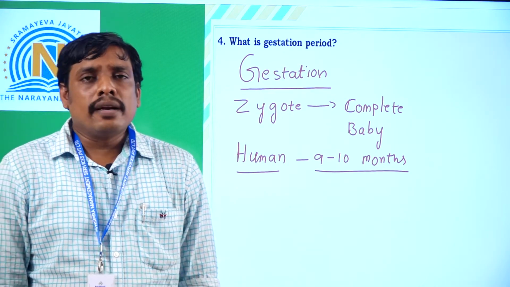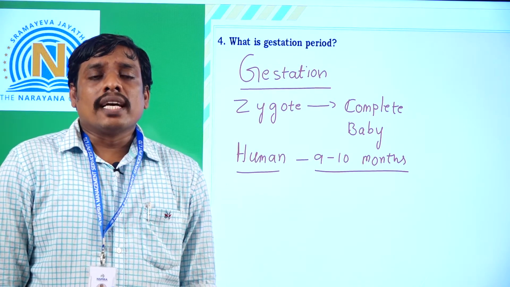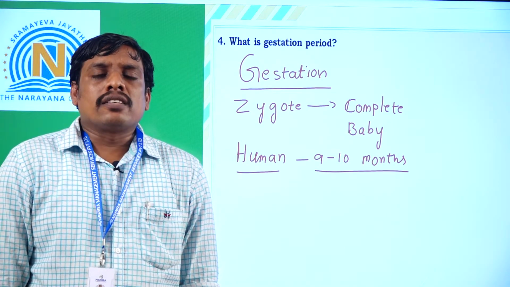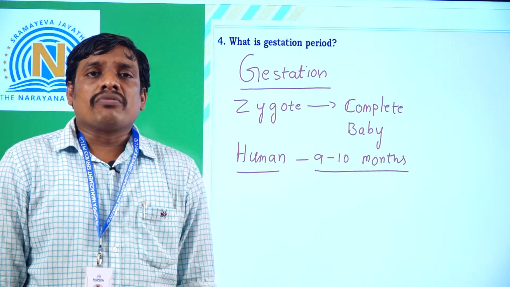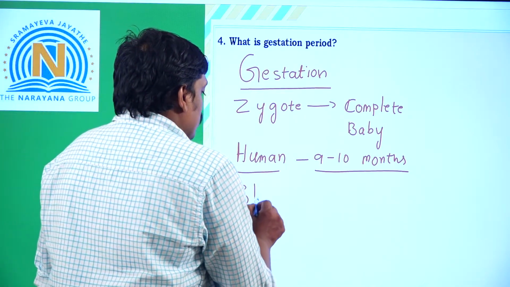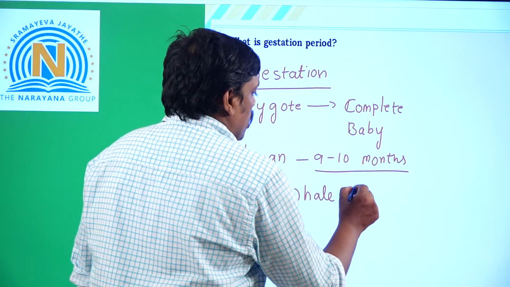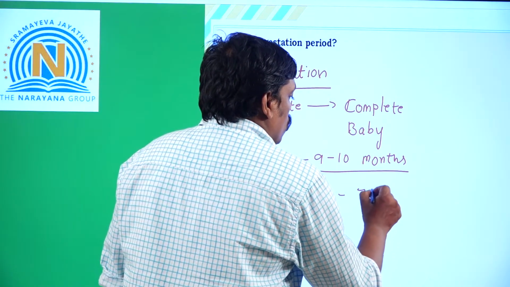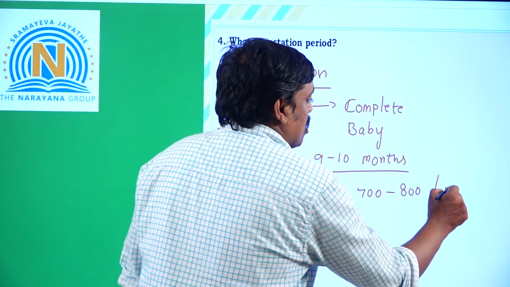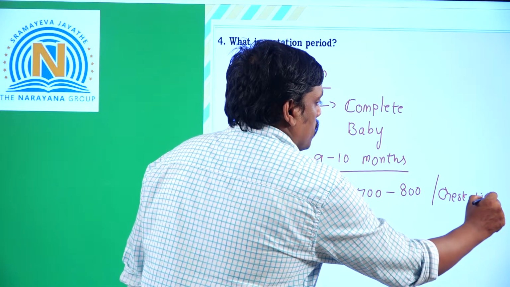In an elephant, 600 days. In a blue whale, approximately 700 to 800 days, which is the largest gestation period.